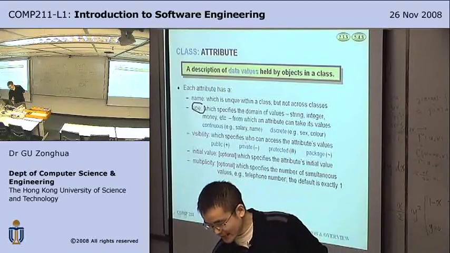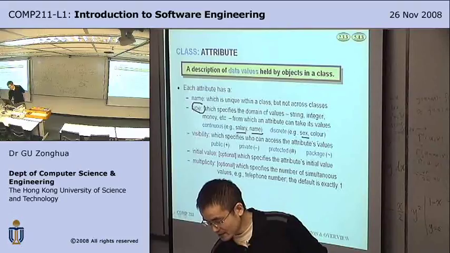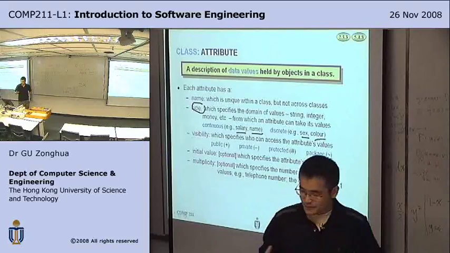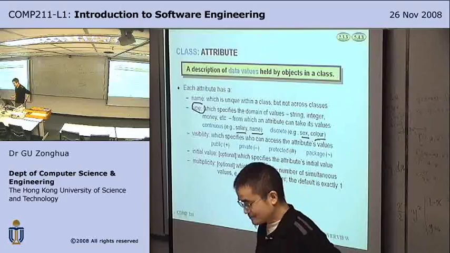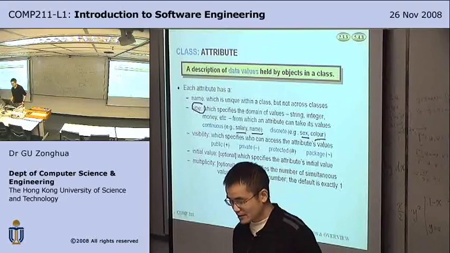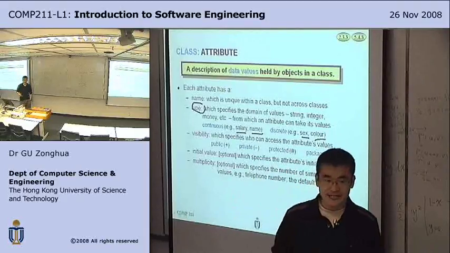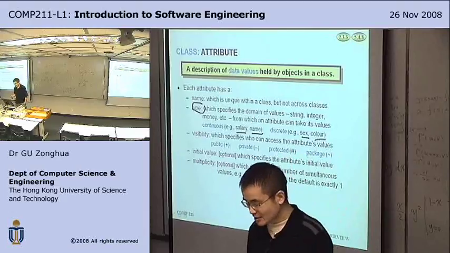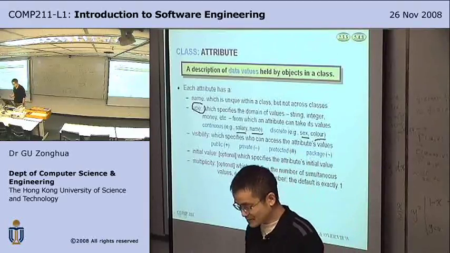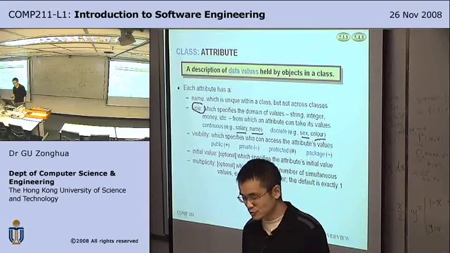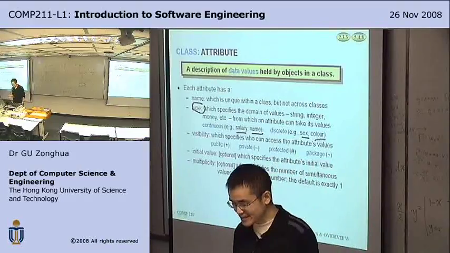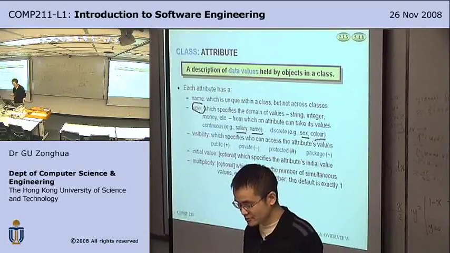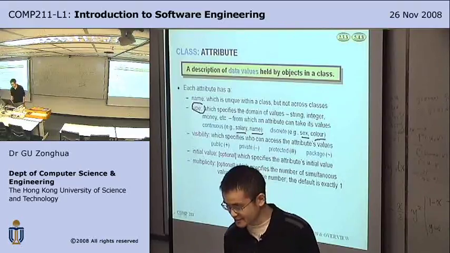You can say salary, name, sex, color. They can be types used especially in the requirement stage. Later in the design stage, then you need to use computer types like double and int to describe types. But in the early stage, you can use any intuitive type you find convenient.